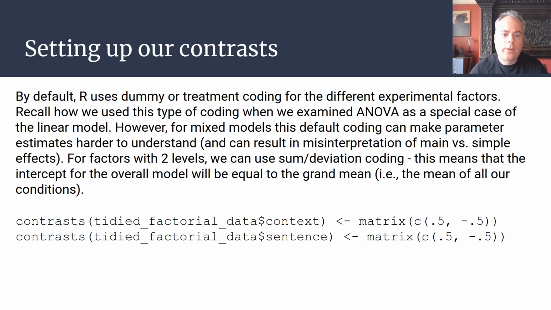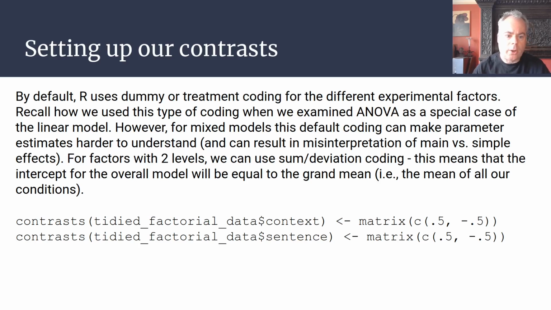So by default, R uses that kind of 0,1 coding scale, which actually is problematic for mixed models with interactions. So if we were to use the default coding scale in R for building our mixed models, that will actually make it harder for us to interpret our parameter estimates, but also critically, it can result in misinterpretation of main versus simple effects.